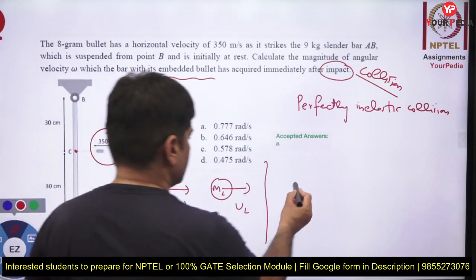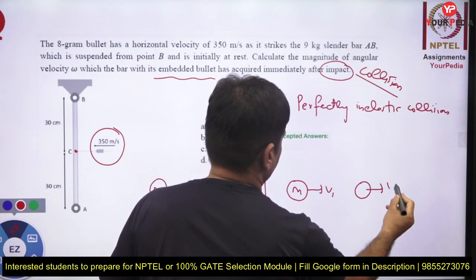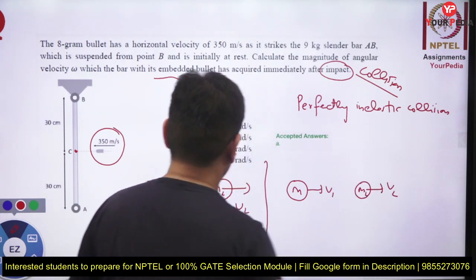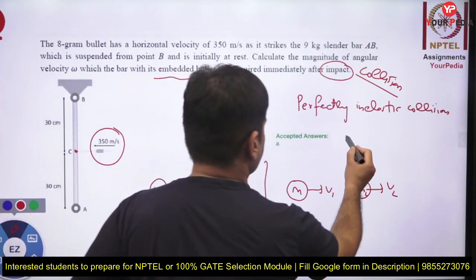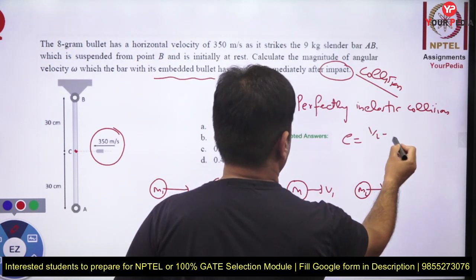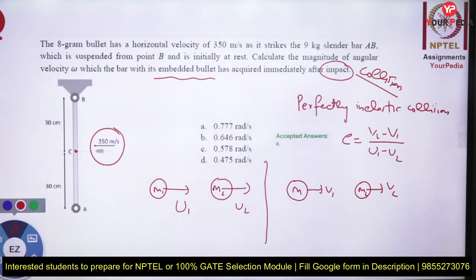And after collision, let us say their velocities are v1, v2. Obviously, u1 will be more than u2, then only collision will take place, and v2 will be more than v1. So the coefficient of restitution is velocity of separation over velocity of approach, v2 minus v1 over u1 minus u2.